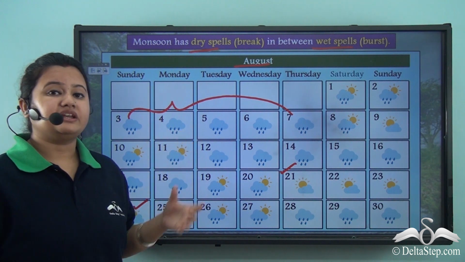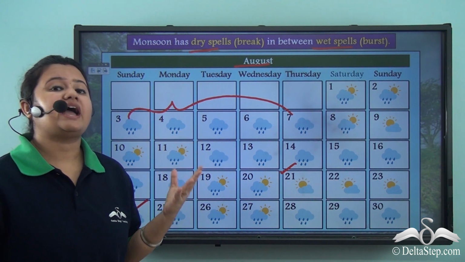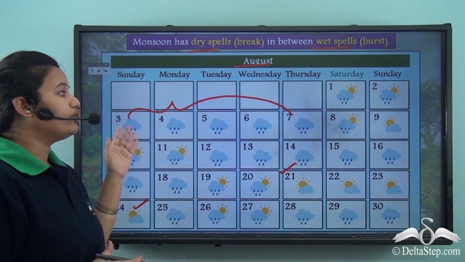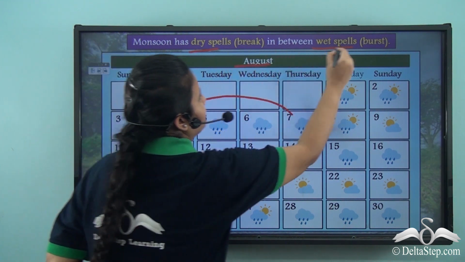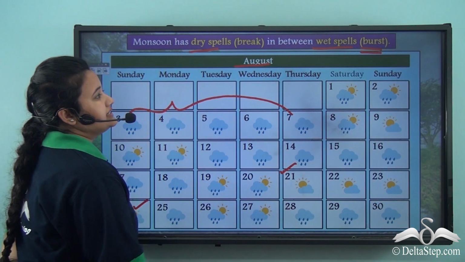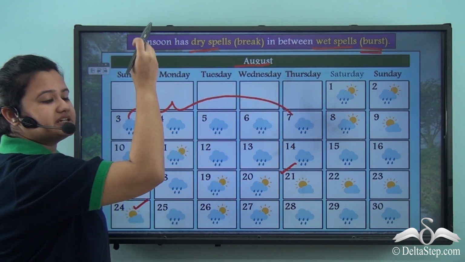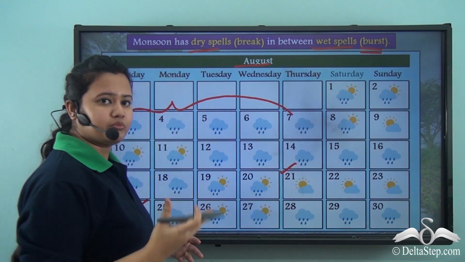Now during this period, when it rains heavily and torrentially for a span of 4 to 5 days, it is known as burst of monsoon. That is, the wet spell of Indian monsoon is known as burst of monsoon.